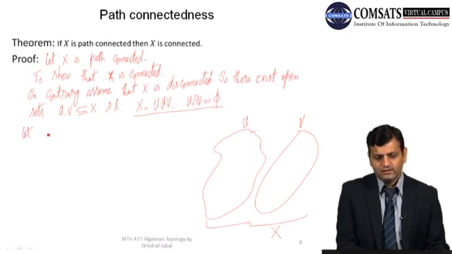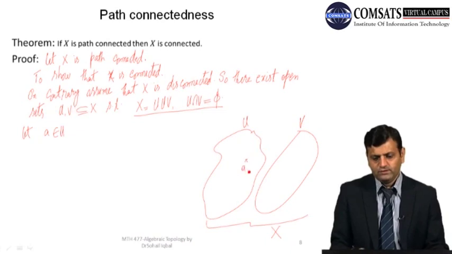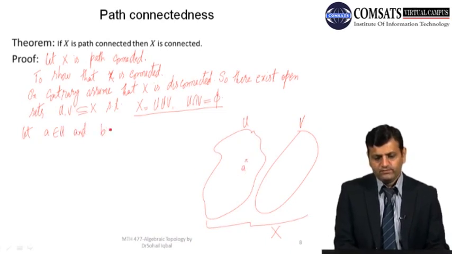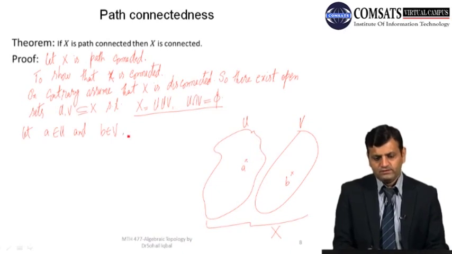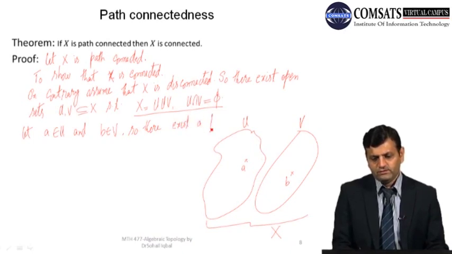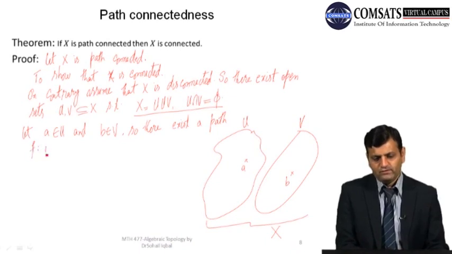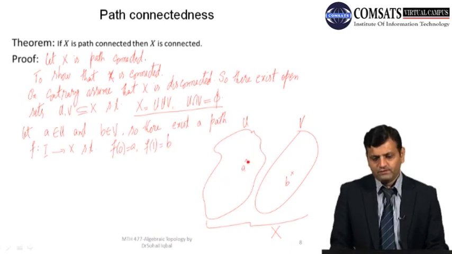Let A be a point from U and B be a point from V. So let's say this is B. Since X is path connected, there exists a path from A to B, f from I to X such that f of 0 is equal to A and f of 1 is equal to B. There is a path, but we can see that if U intersection V is empty, then there will be a gap between them, and this part of the path will not be contained in X, which is a kind of contradiction.